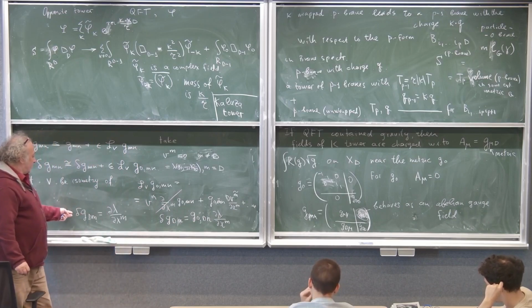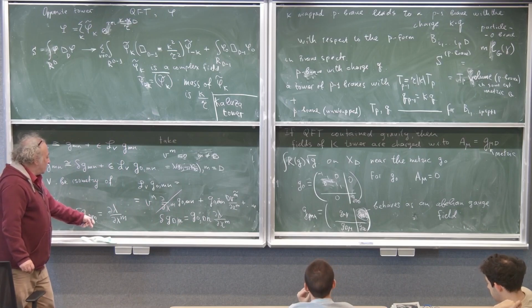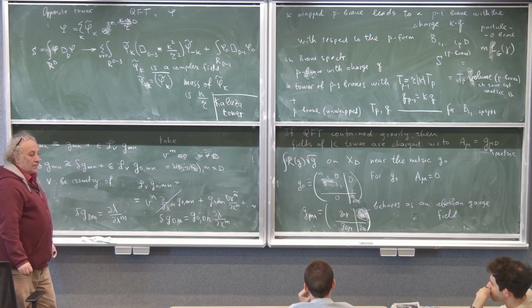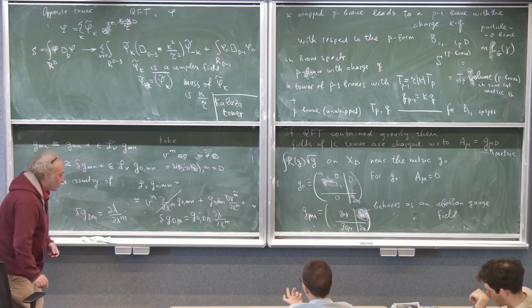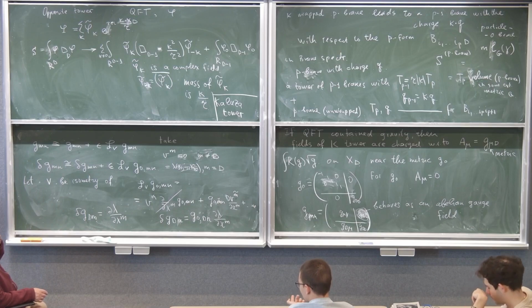But I just wanted to show you this off-diagonal component. Wait. g0 dn, n is less than d.